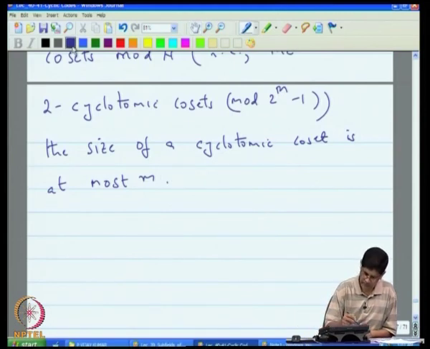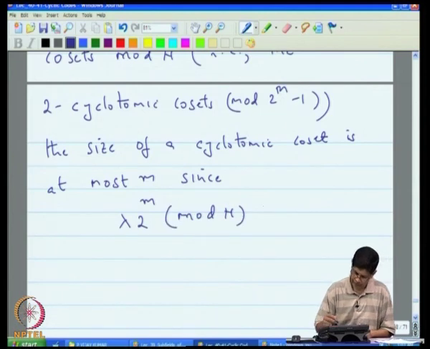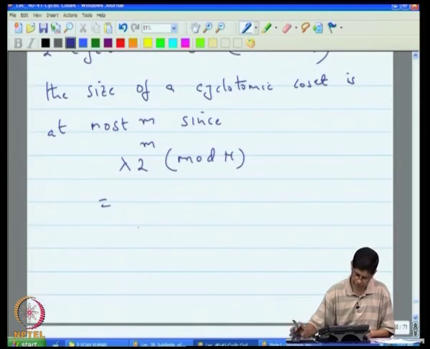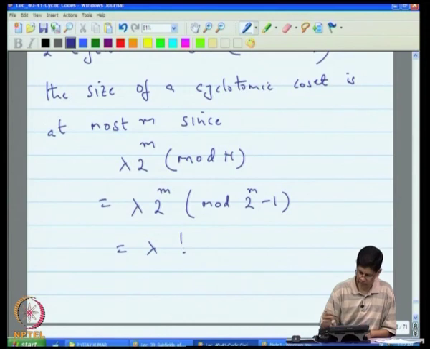So, let us, since lambda times 2 to the m mod n is equal to lambda times 2 to the m mod 2 to the m minus 1, which is equal to lambda. Okay.